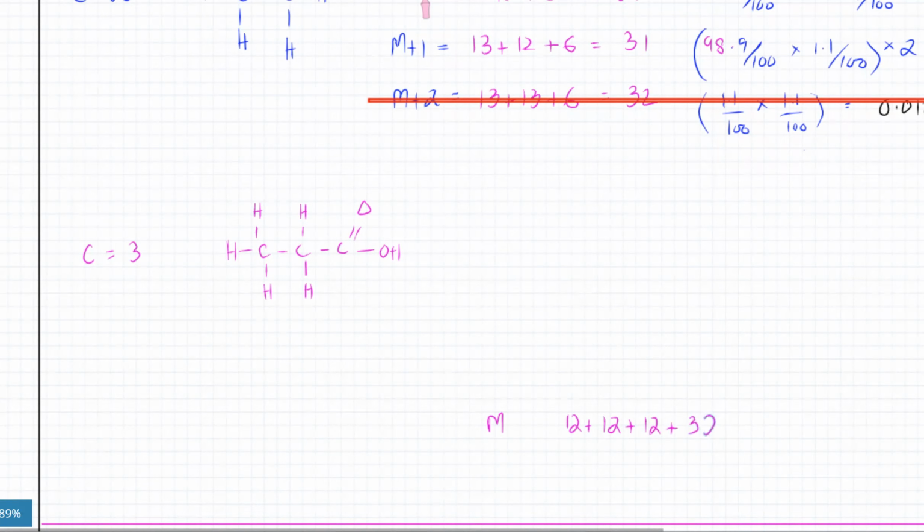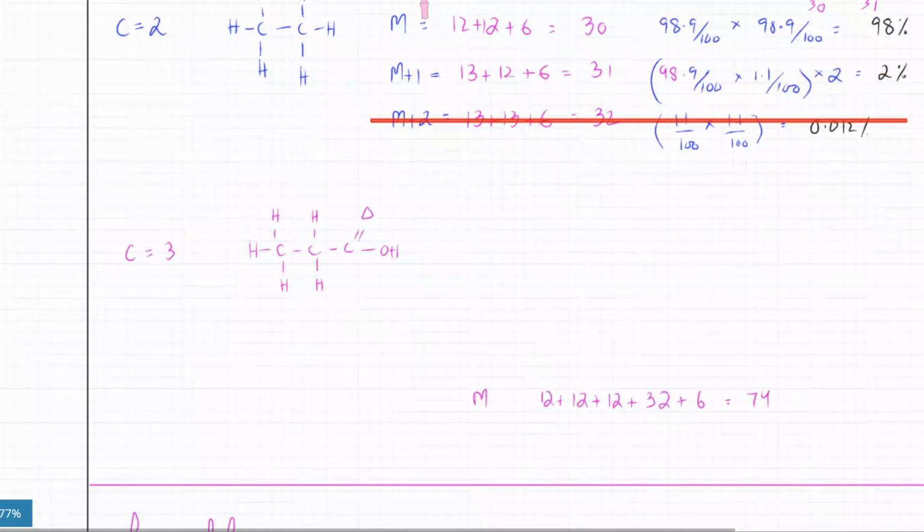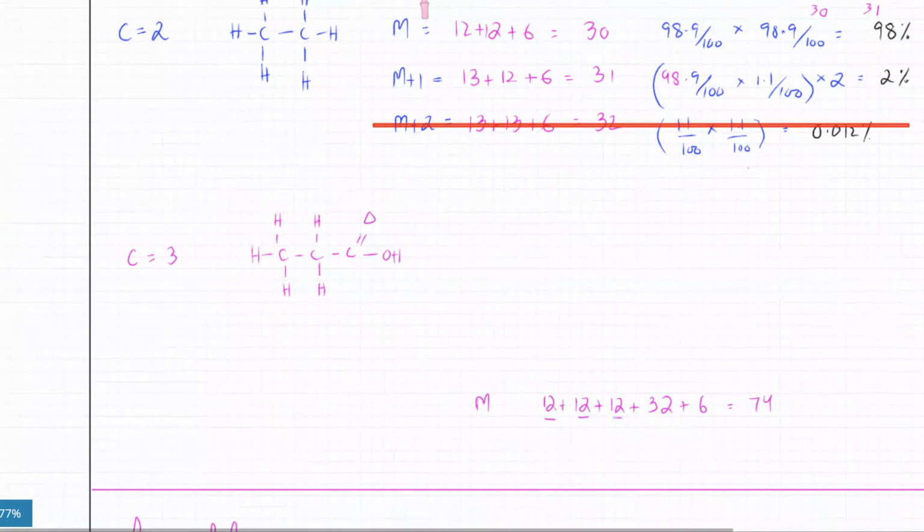And then there are how many hydrogens? That's I think 6 hydrogens. So can anyone tell me what's this 50 plus 74? Is this 74? Can somebody do the math? Yeah, it's 74.